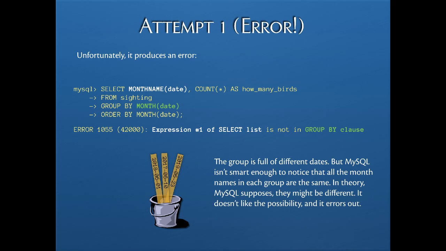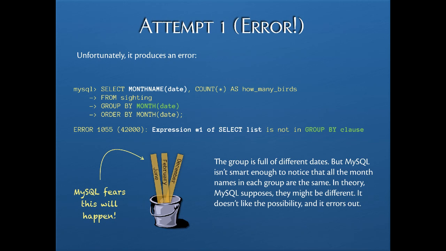So the problem is that we are extracting part of that column. We're not using the whole column, which we have previously done in this video. We use the entire column as a way to group, but now we're grouping by a portion of a column, and that leads to this problem that we see there, this error in MySQL. All right.